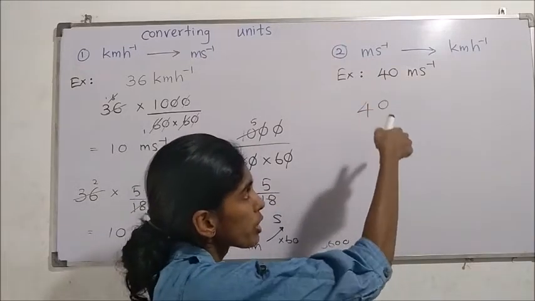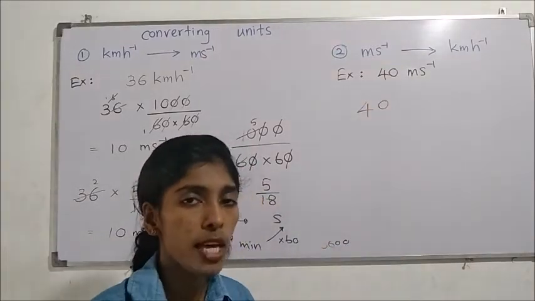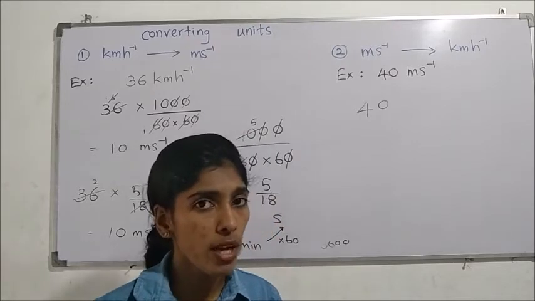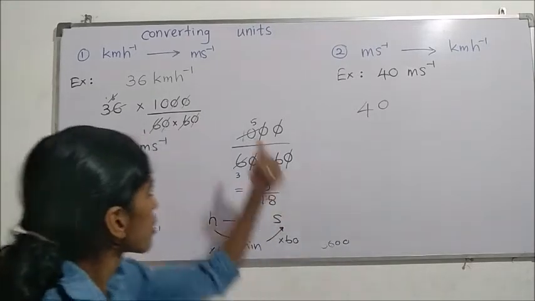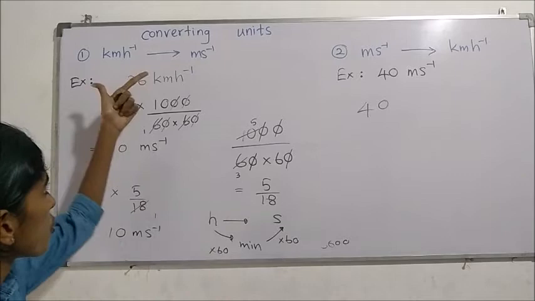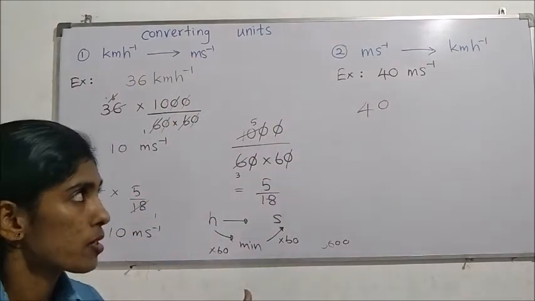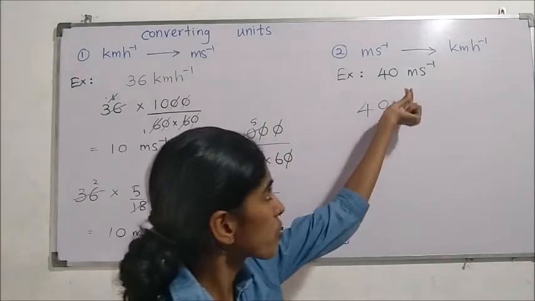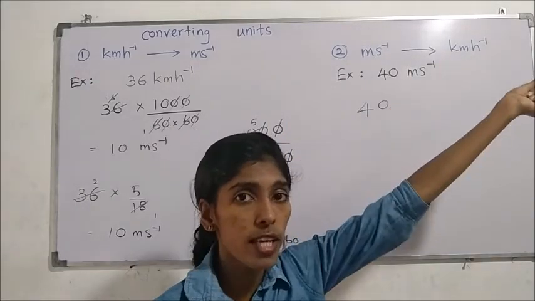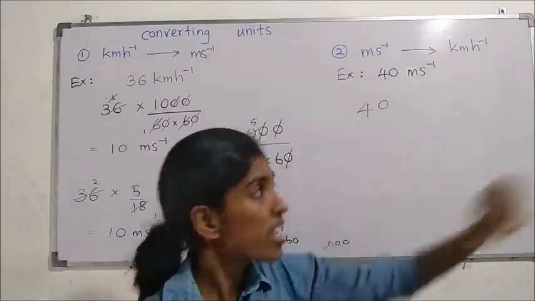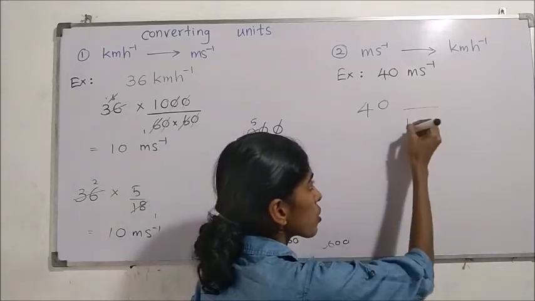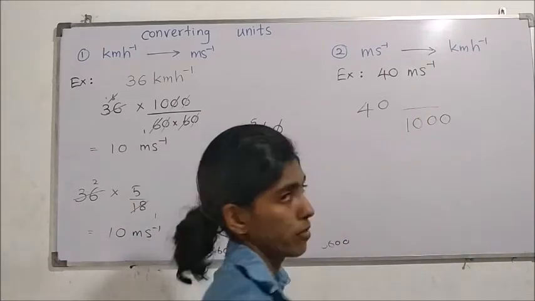When you convert meters into kilometers, are we multiplying by 1000 or dividing by 1000? Opposite of this. Earlier when you convert kilometers into meters, you multiplied by 1000. Now when you convert a smaller unit, meters, into the bigger unit kilometer, you need to divide by 1000. That means 1000 should come down.